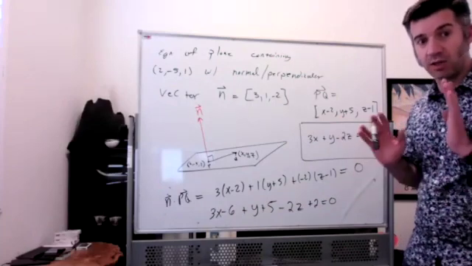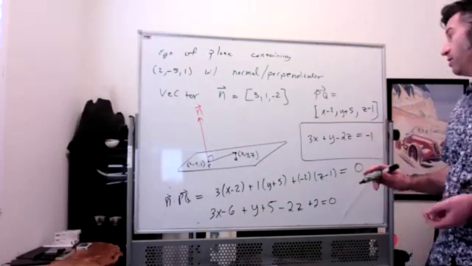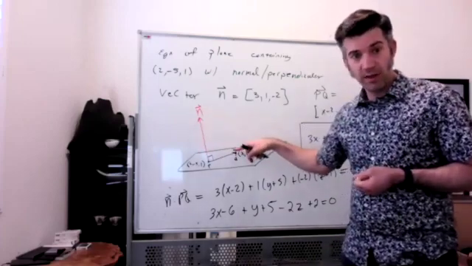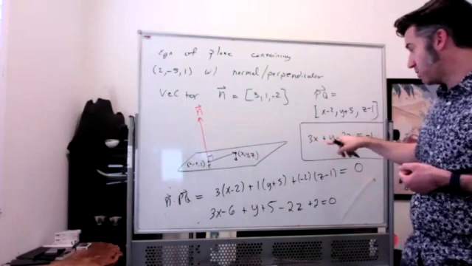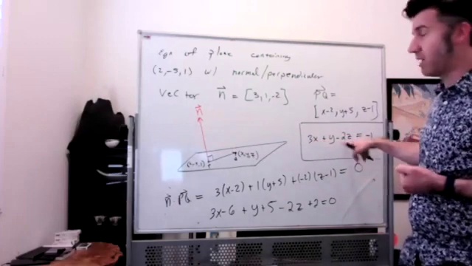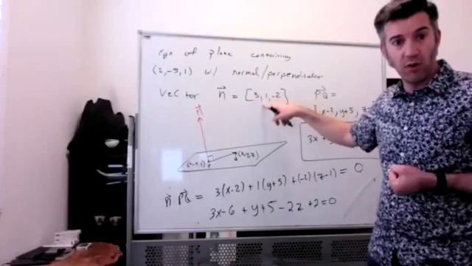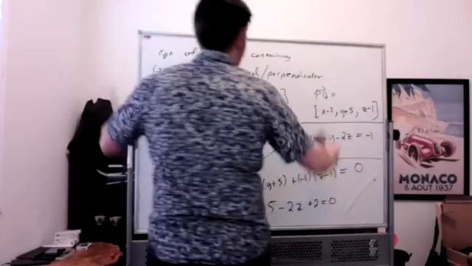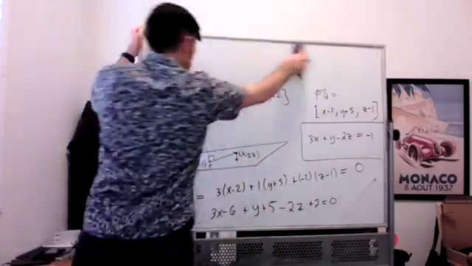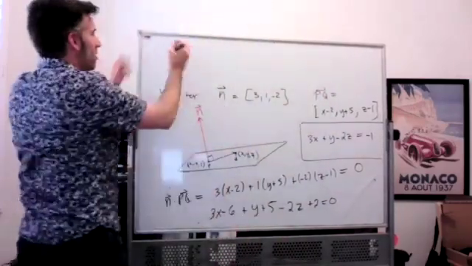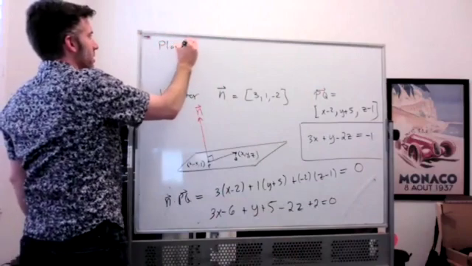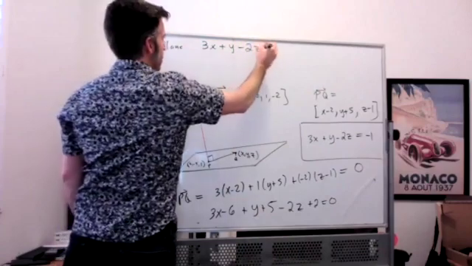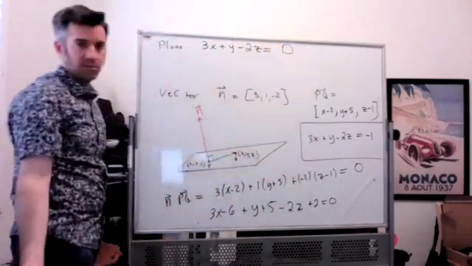Okay, here's the super easy, cool part. When you have a vector that is perpendicular to a plane, the coefficients of x, y, and z are exactly the same as the components of the normal vector. Always true. So what that means is instead of doing this big calculation that we just did, we can say, well, I know my plane equation is going to be 3x plus y minus 2z equal to some constant, d.